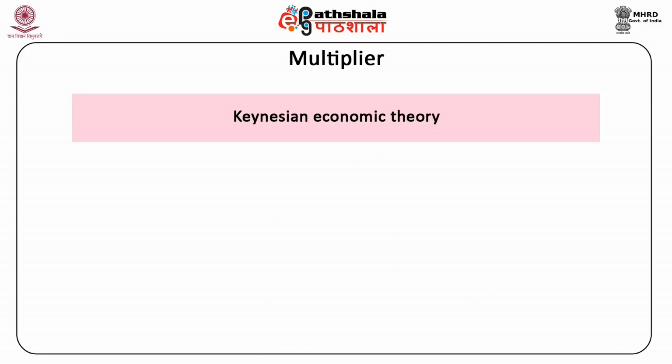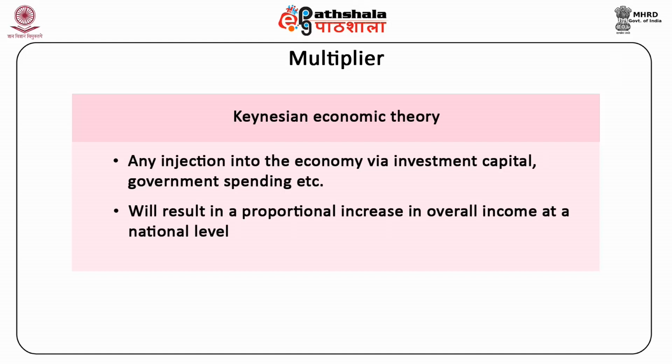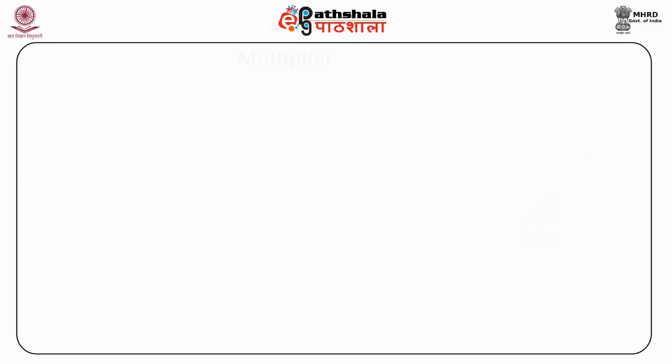Keynesian economic theory contends, among other things, that any injection into the economy via investment capital, government spending, or the like will result in a proportional increase in overall income at a national level.